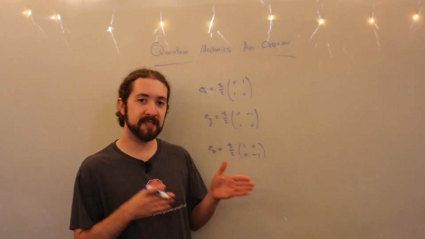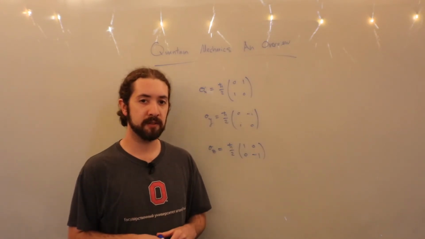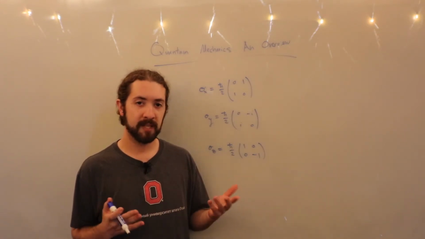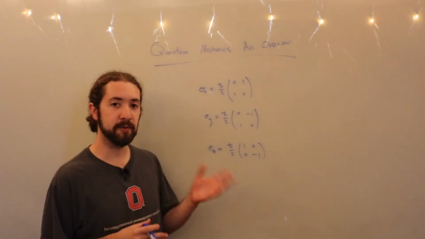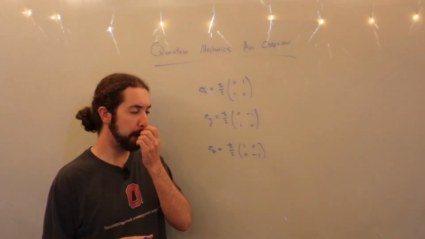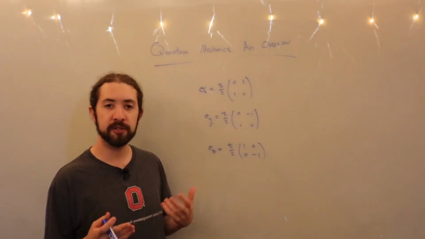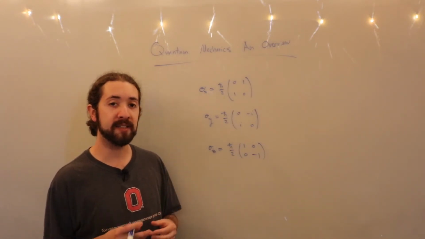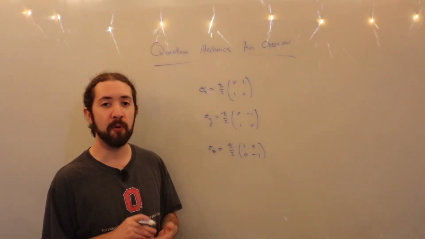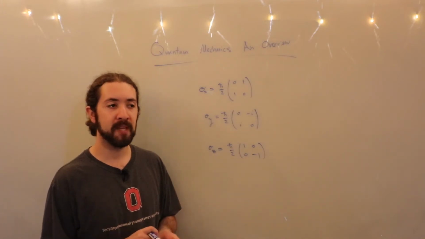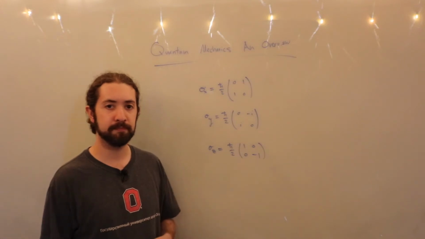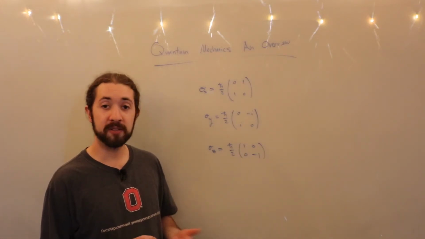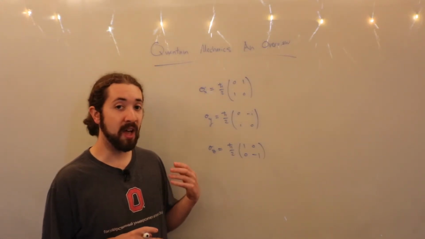Spin, or intrinsic angular momentum, as it's often called, is, as the title suggests, a form of angular momentum which is intrinsic to a particle. That is, even when there's no apparent revolution or spinning going on, it still has a value for angular momentum, which just seems to be unique to that particle and not coming from any sort of motion. So particles have this. Some particles can still have spin 0.